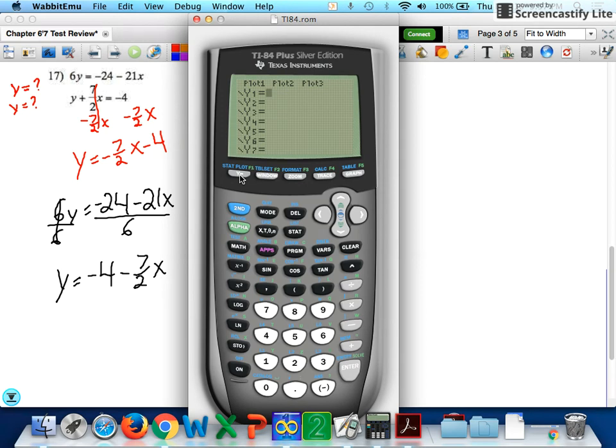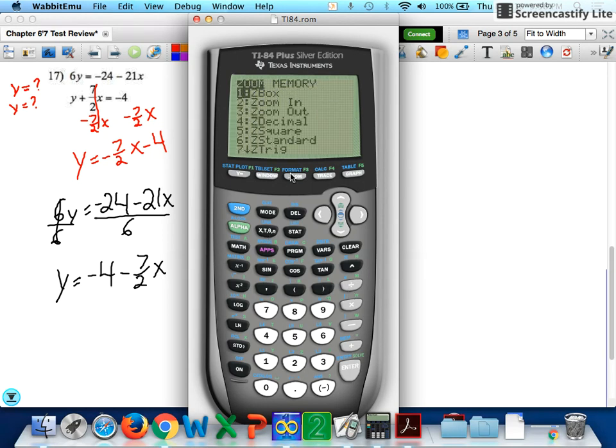This red equation is negative 7 divided by 2, close that off, x. So yours will actually look like a fraction. Mine doesn't. This is the older version of the calculator. Minus 4. My bottom equation is negative 4 minus 7 divided by 2 x.